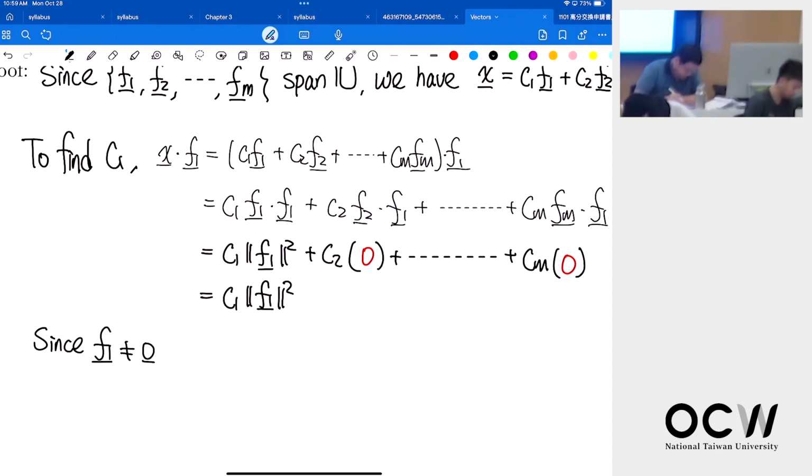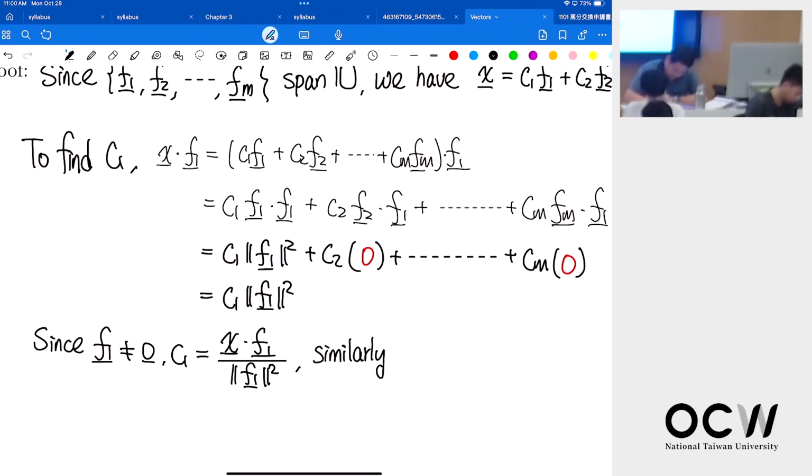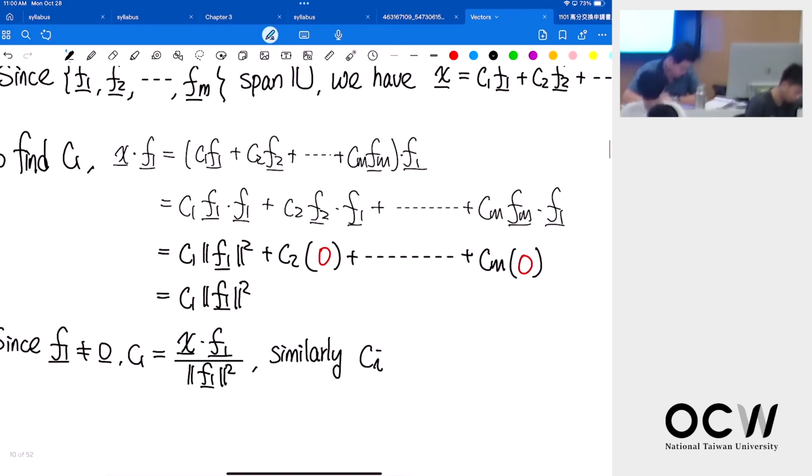Since F1 is not a zero vector, we get the coefficient C1 as the inner product, or dot product, of x and F1 divided by the norm of F1 squared. Similarly, for each scalar or coefficient, that is just your vector dot product with its corresponding basis vector, divided by the norm of that basis squared.